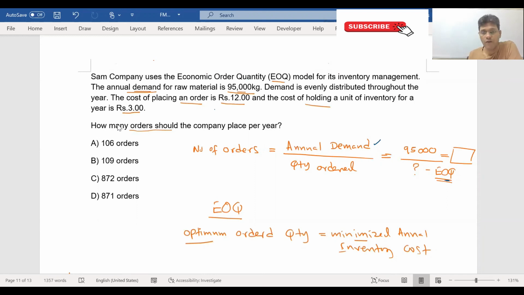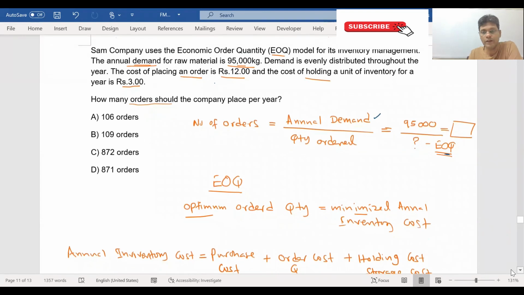So let's apply the same formula. The EOQ is equal to the square root of 2DCo divided by Ch.